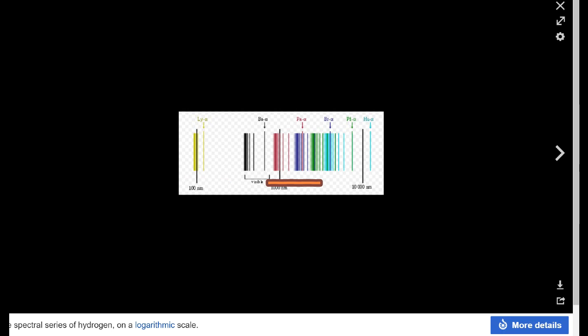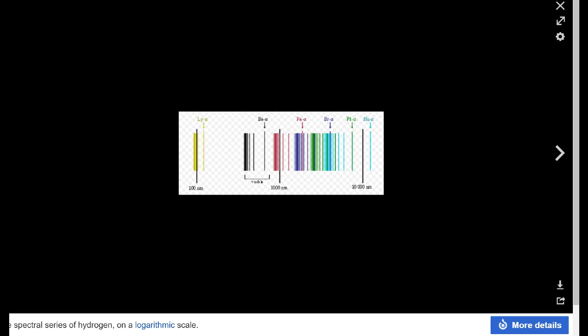That one is 1/9 minus 1 over n squared. And then this dark blue one, marked Br-alpha, is 1/16 minus 1 over n squared, where n is greater than 4, and so on.